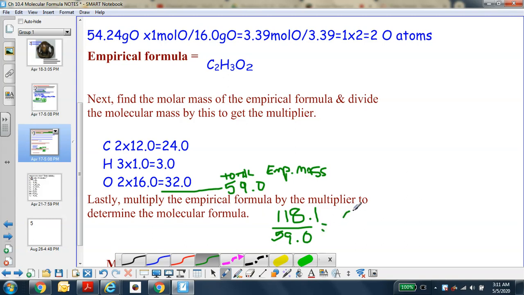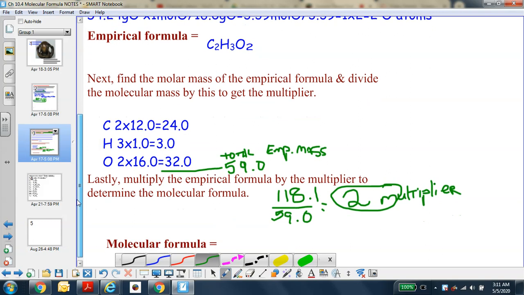And we get a multiplier of 2. Now, it's not always going to be a 2. It could be a 3, a 4, a 5, a 6. Okay, so there is my multiplier.